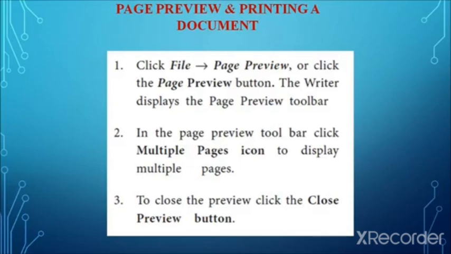In the Page Preview toolbar, you can click on the multiple pages icon to display multiple pages, and to close the preview, click on the Close Preview button. These are the steps to be followed for previewing the page in OpenOffice Writer.